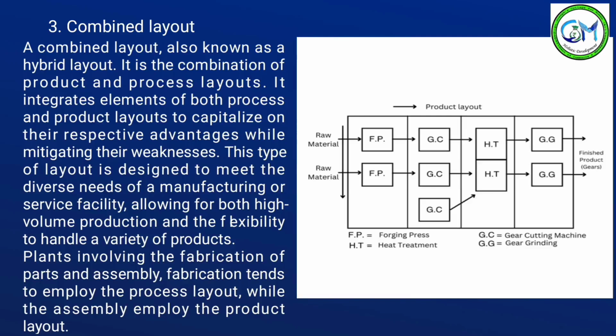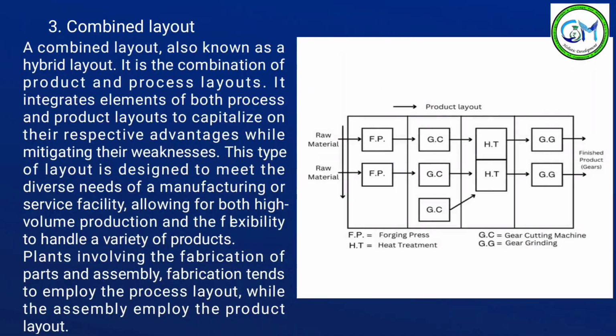Under product layout, depending upon the sequence of operations, we placed the machines in a proper manner. First one, forging press, second, gear cutting machine, heat treatment, gear grinding. Likewise we place the sequence of operations.